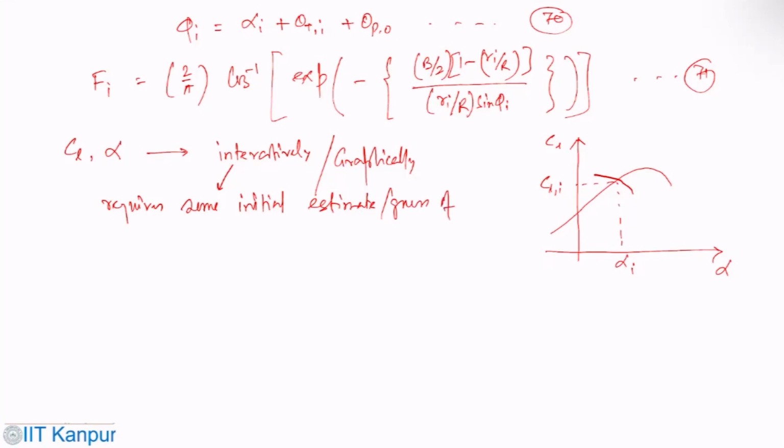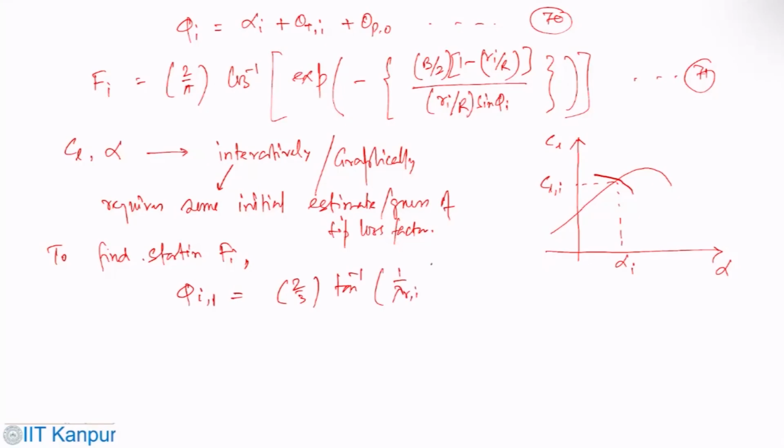So a guess of the tip loss factor. To find a starting Fi, we can start with an estimate for the angle of relative wind, phi, equal to 2 by 3 tan inverse of 1 by lambda Ri.